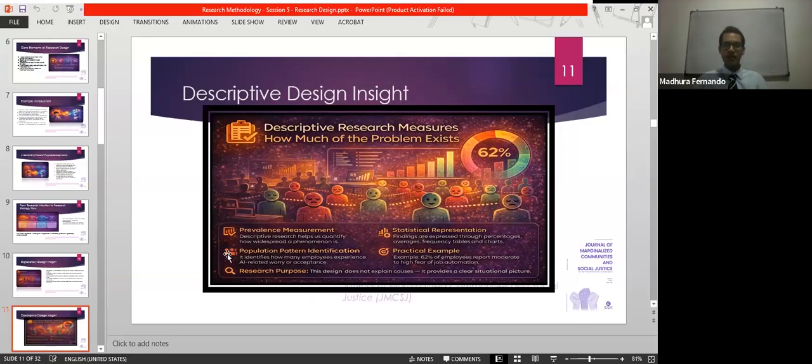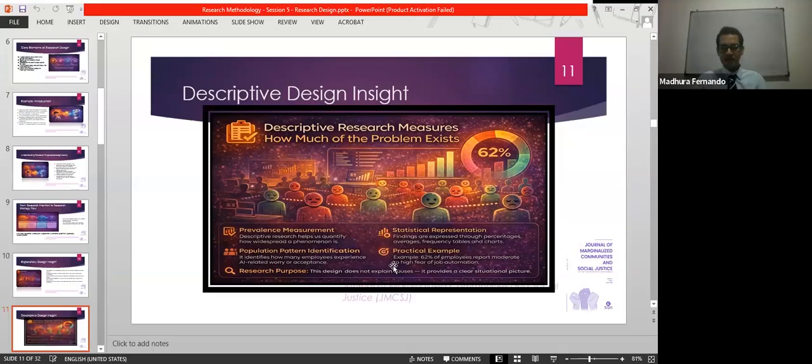With that numerical value, you can statistically represent it. Your findings will be statistically evaluated, right? You can have percentages, averages, frequency tables, charts and descriptive statistics. So you can have a numerical value. Using this numerical value, you can analyze your data. Descriptive analysis, right?